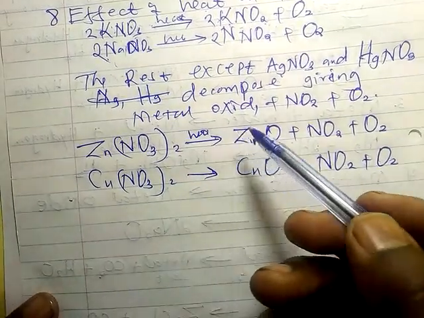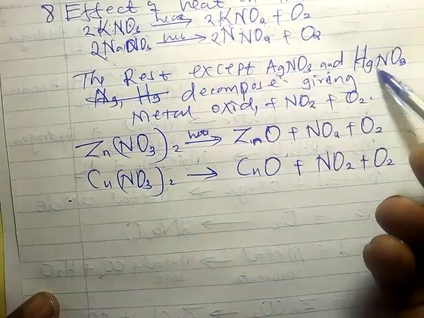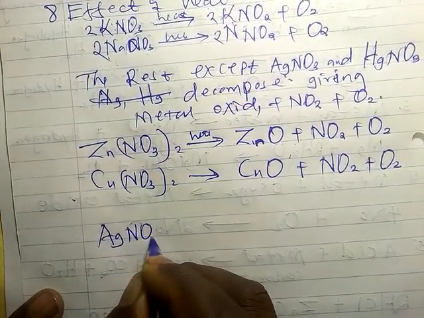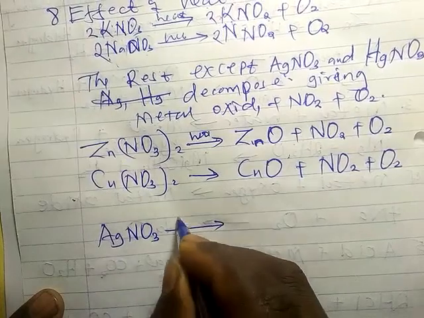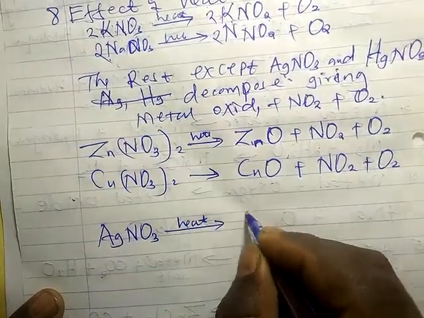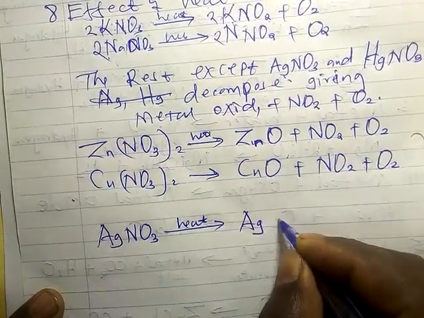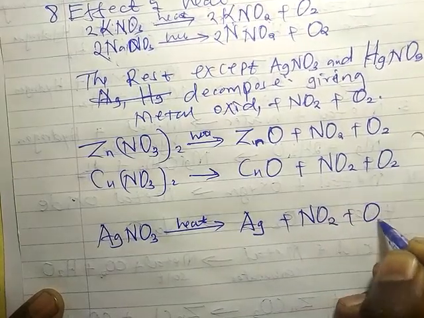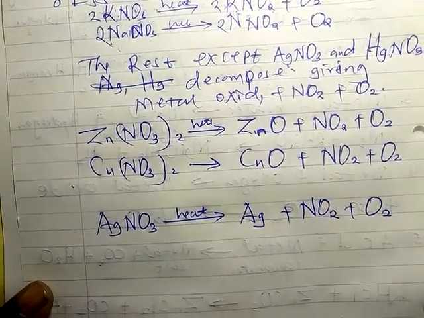So what happens to silver and mercury? Silver nitrate, AgNO3, decomposes on heating to give you silver itself plus nitrogen 4 oxide plus oxygen. That is the difference.